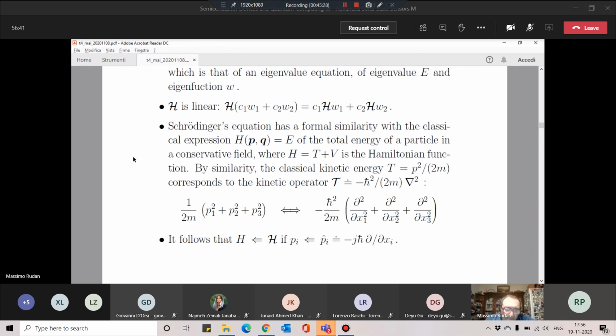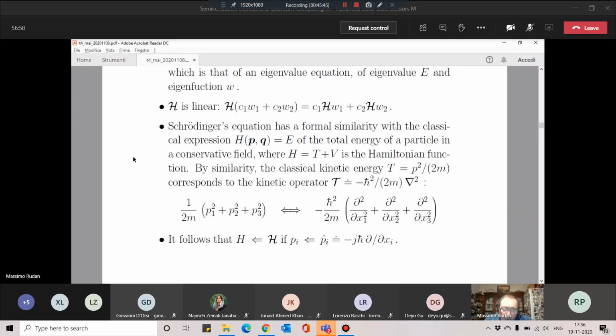The square modulus of momentum, that can be written as a sum of the squares of the individual components, divided by 2m becomes minus h bar squared over 2m Laplacian.